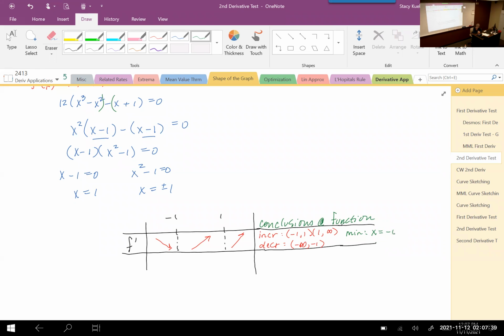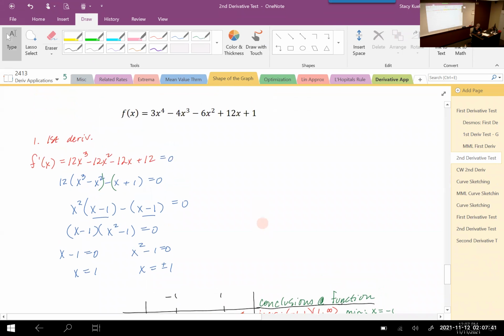No. Okay. So we're gonna come back up here and we're gonna now take the second derivative. So if the first derivative was x cubed, so I can take the second derivative now.